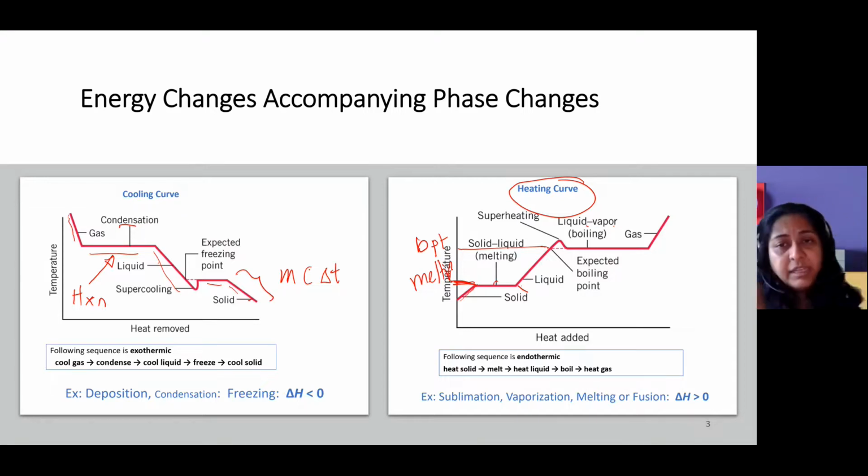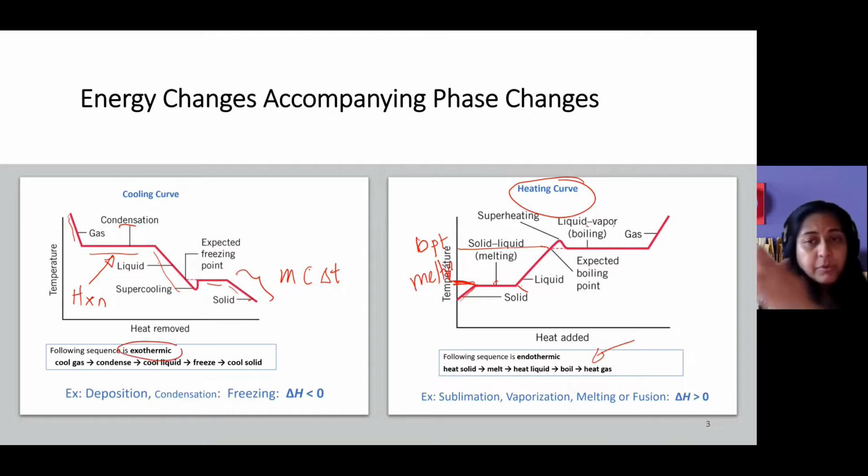During the heating curve, the processes are endothermic. During the cooling curve, all the processes are exothermic processes. If it is an endothermic process, the change of heat must be greater than zero. If it is an exothermic process, the change of heat must be lower than zero.